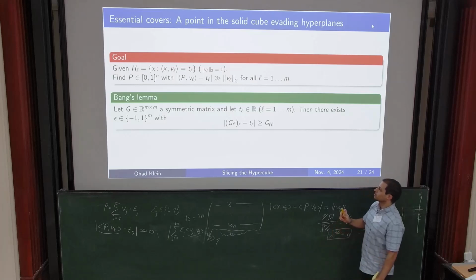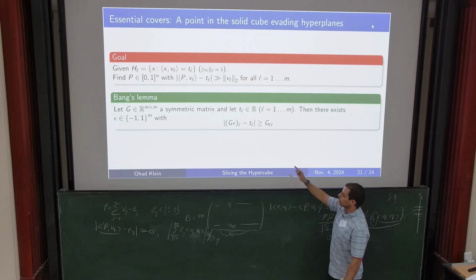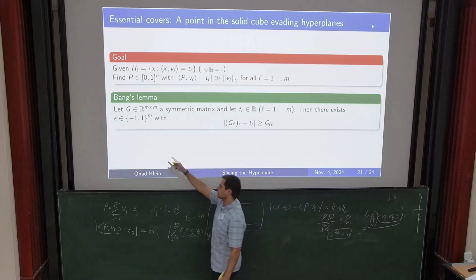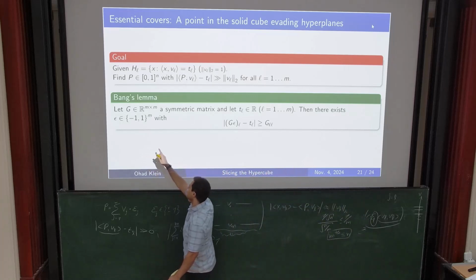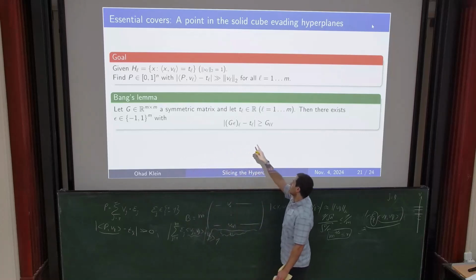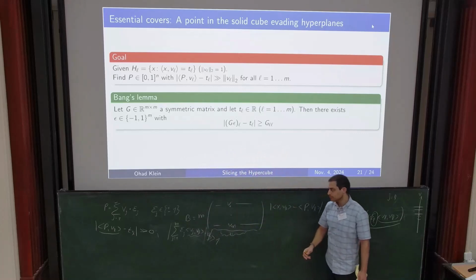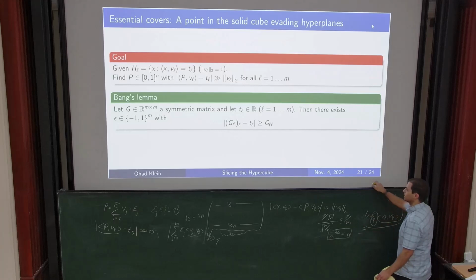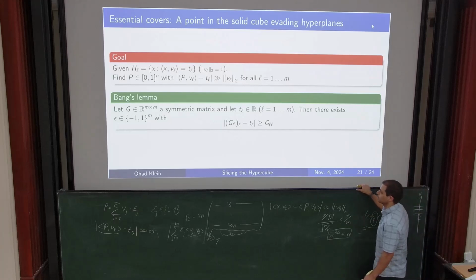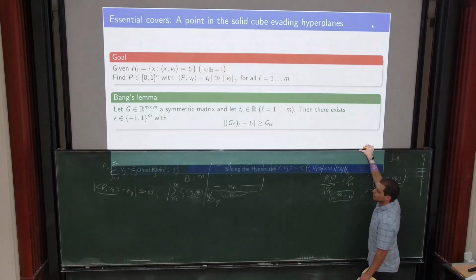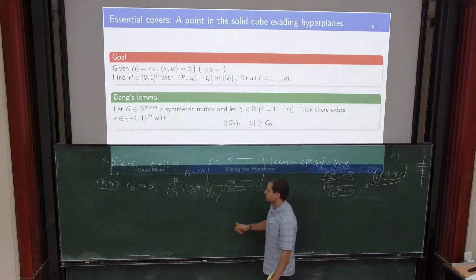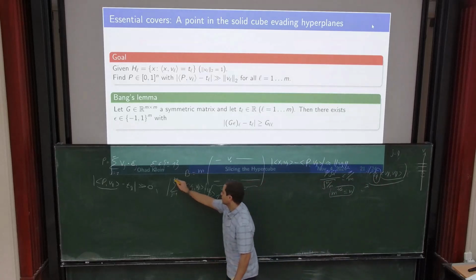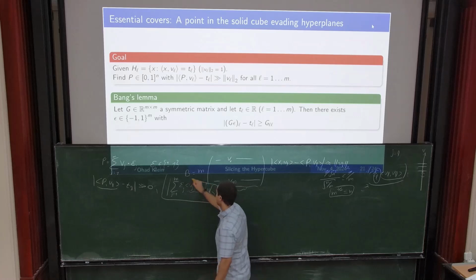and suppose you have some arbitrary numbers. Then we have some vector epsilon of plus or minus 1 with this requirement. It looks pretty similar to what we need. We need this kind of expression.